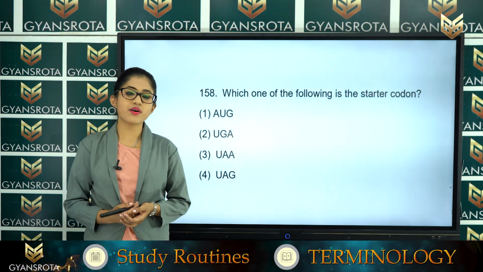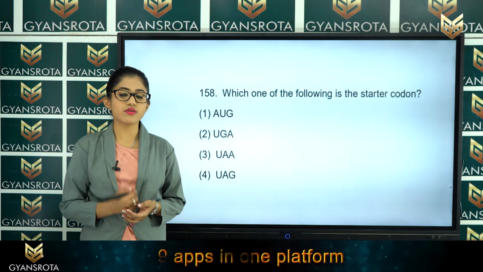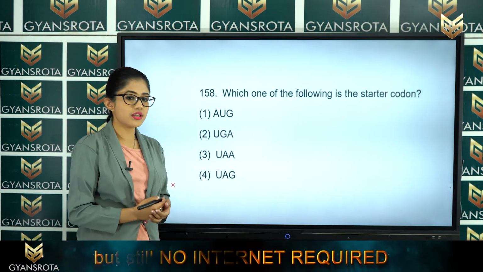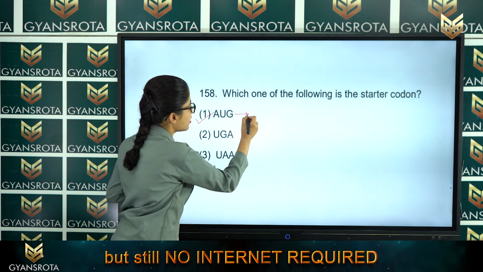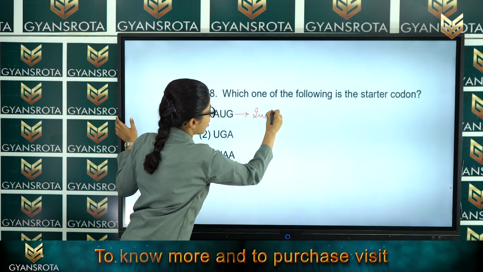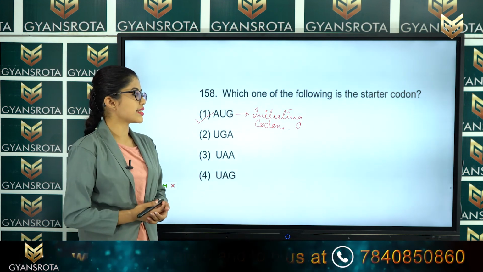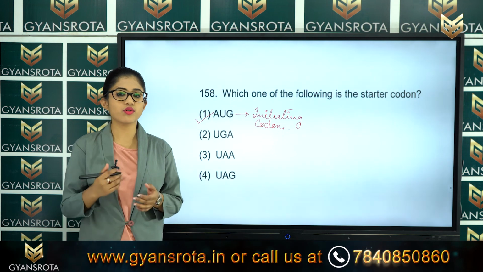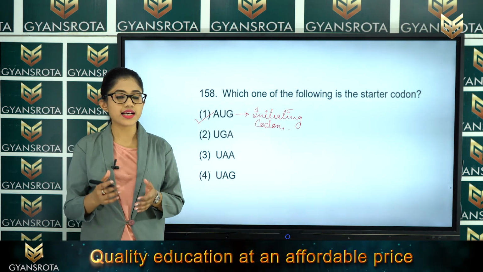While discussing the translation process, we have got the initiating codon, that is AUG. So, among these 4 options, option number 1, that is AUG, is considered as the initiating codon, and it is also called the starter codon. So, option number 1 is the correct answer. Now, let us see the next question.